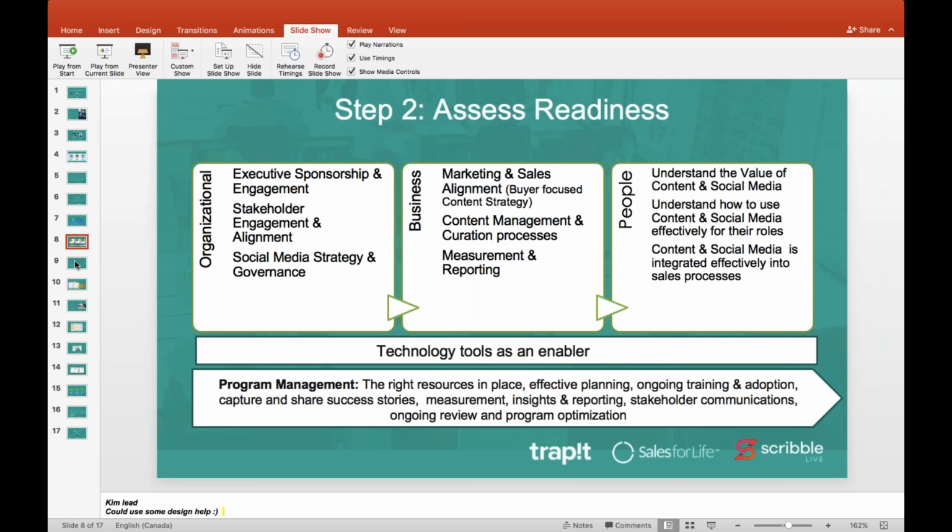We're talking here about building a different mindset, a different skill set, and ultimately adopting new technology. So it's important to have all of those pieces in place to create that behavioral change at scale.